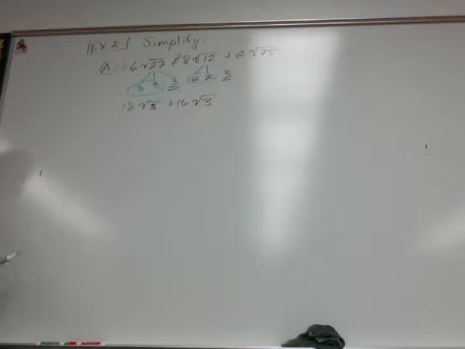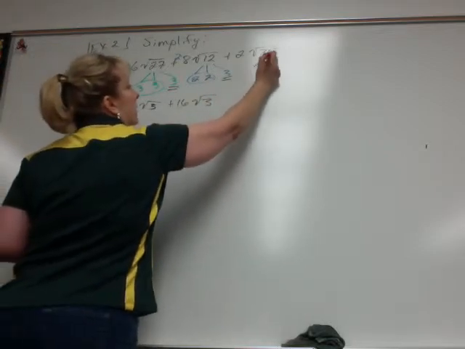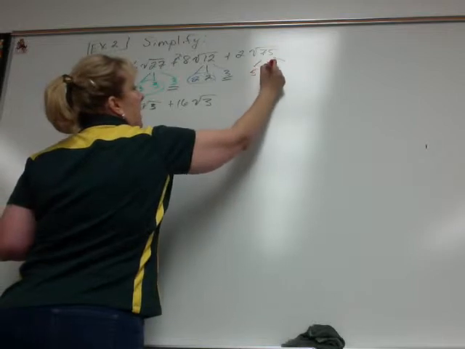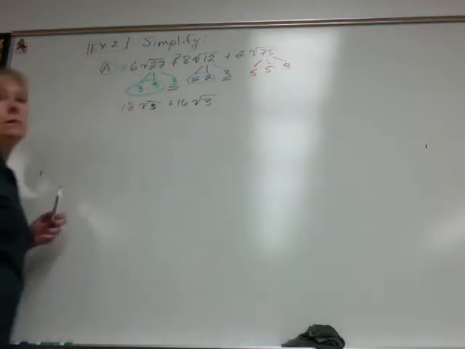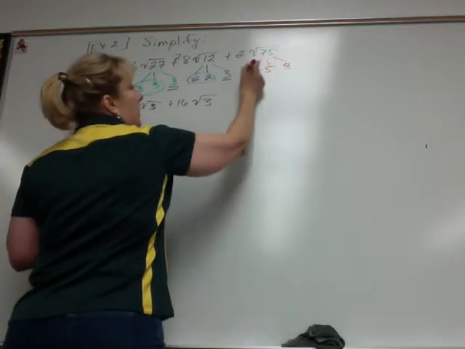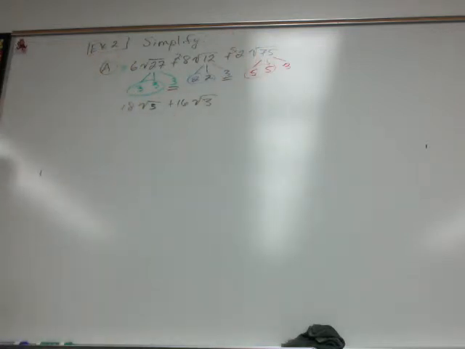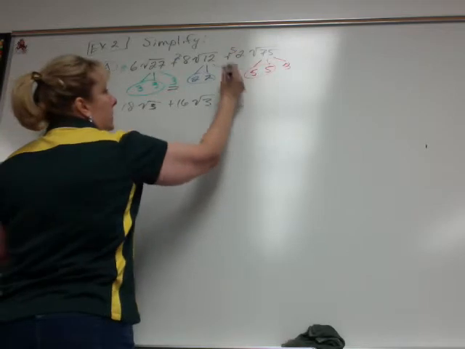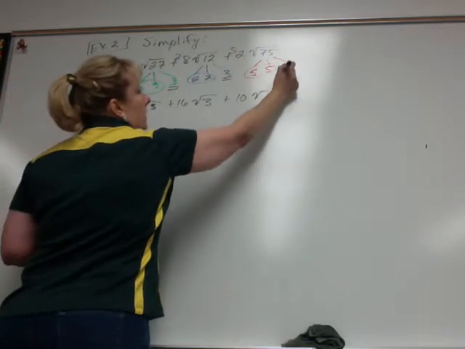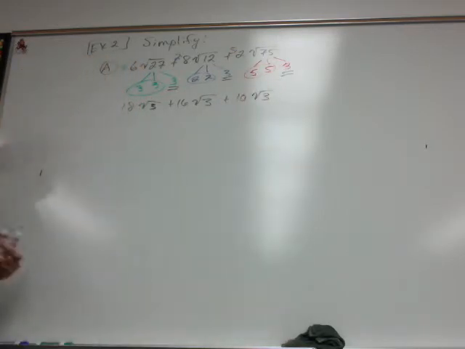Then simplify your 75. What multiplies to give you 75? 5, 5, and 3. And so I can take out a pair of 5s and multiply that to what's in front, that 2. And I end up with positive 5 times 2 is 10. The 3 is left over, so it stays under the radical.